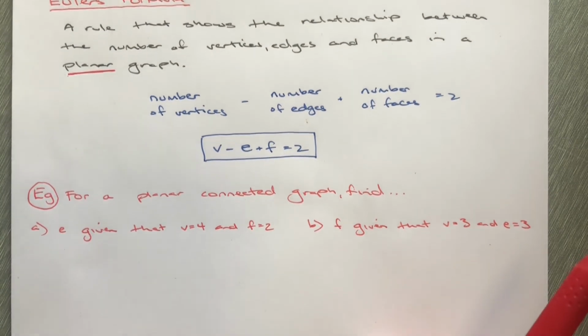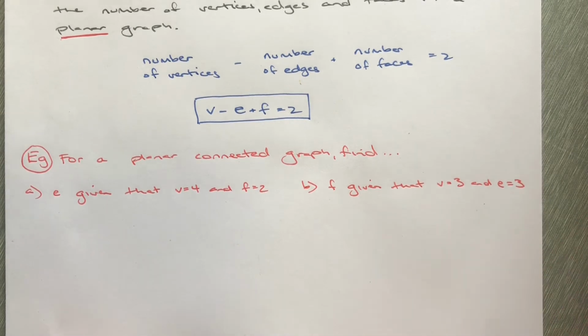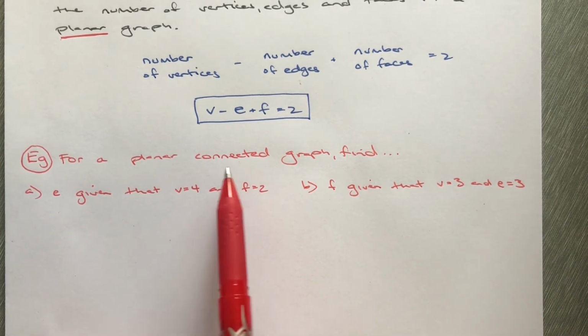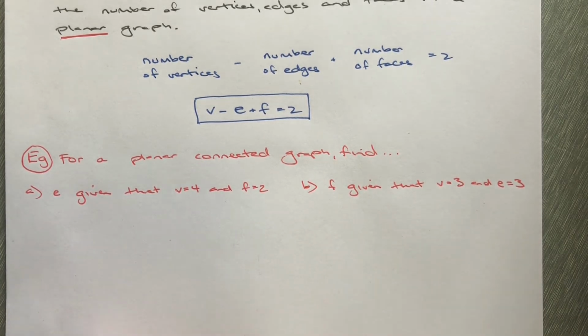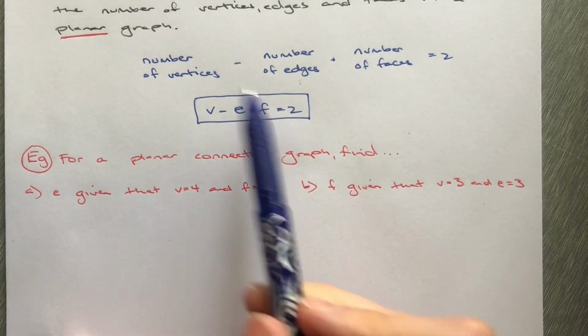Now, let's have a look at these two examples here, and then we'll be done for the day. For a planar connected graph, find F. I'm going to start with B first because it's a little bit easier. Find F given that V equals 3 and E also equals 3. So we're going to use this rule here.